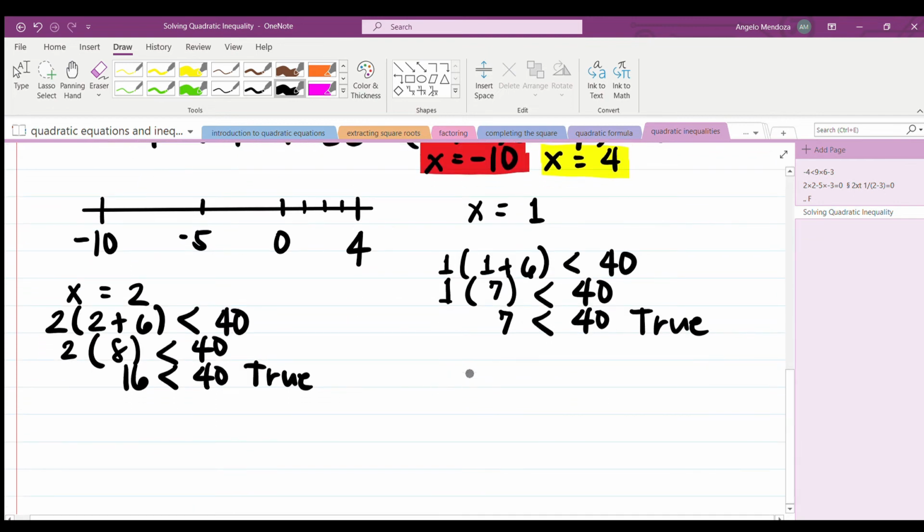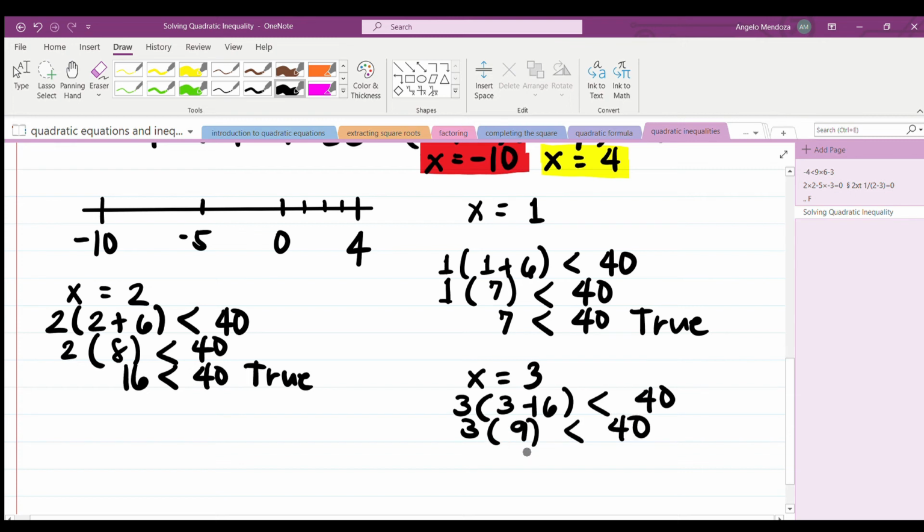And lastly, we have 3. So we have 3 times the quantity of 3 plus 6 less than 40. 3 times 9, that's 27, is less than 40. So this is also true.